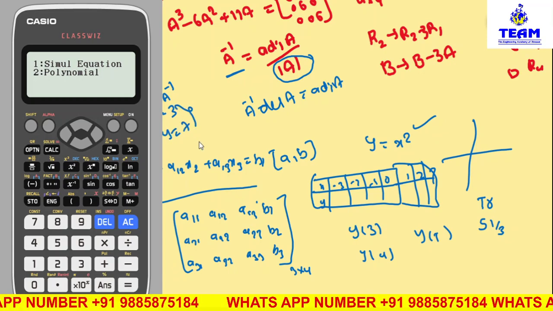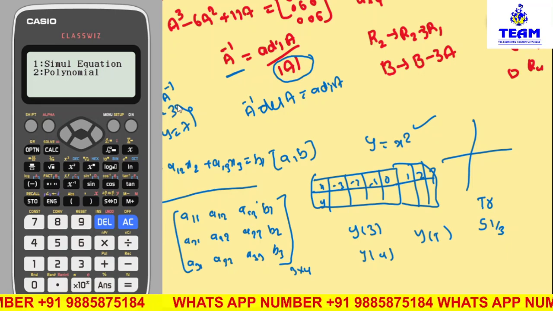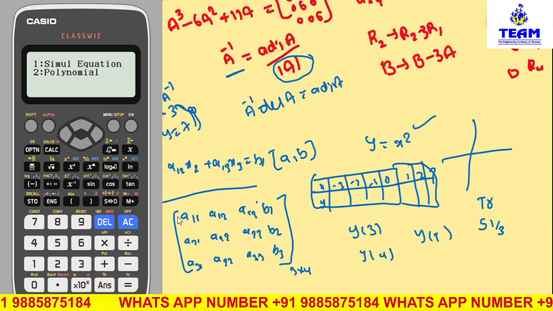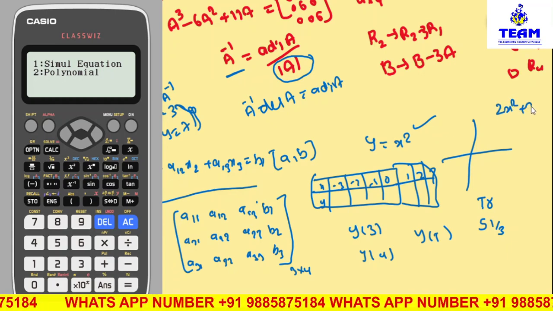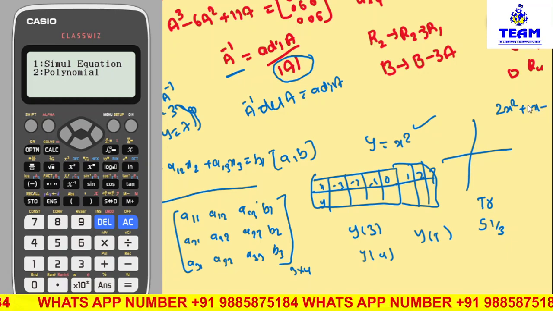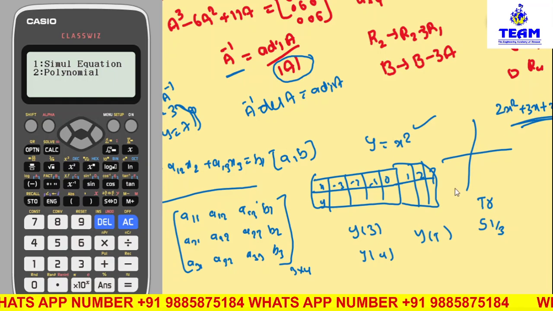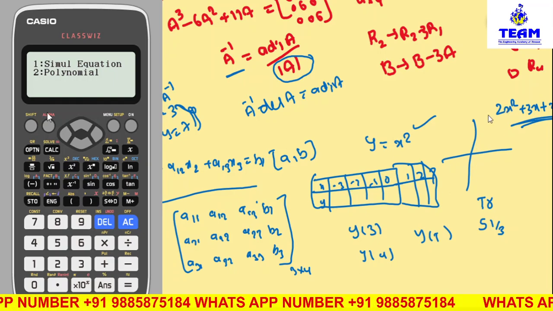These are called systems of linear equations with 2 unknowns, x and y. What about the polynomial equation? Suppose I give 2x square plus 3x plus 2 is equal to 0. It is a quadratic equation, cubic equation, biquadratic equation. Those are called polynomial equations, friends.